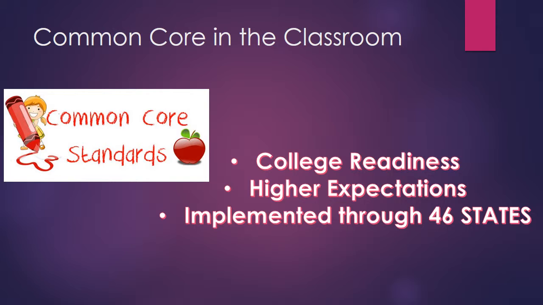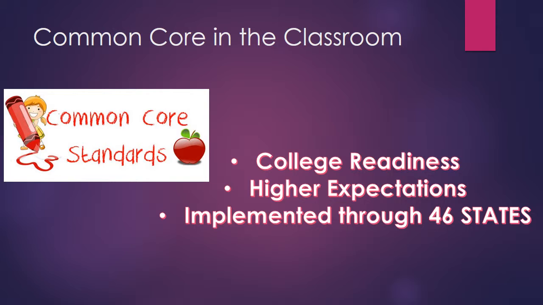One thing that the Common Core does better than the other standards is it helps students be more ready for college. I mean, what parent wouldn't want their students to be more ready for college, you know? So, what some of you may not know is that before Common Core, all our states had different standards, which means if someone in South Dakota got an A, they might be getting a C in, let's say, Georgia.